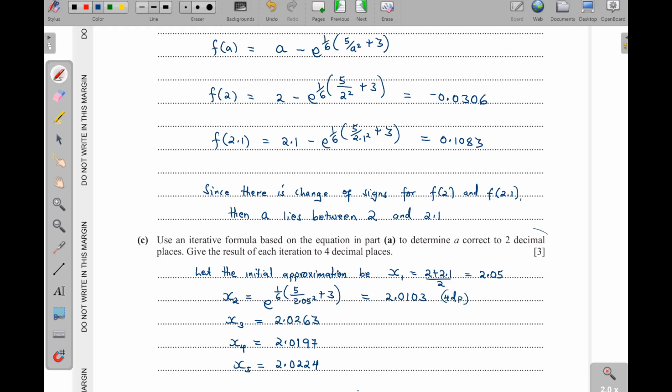Since we are going to get our answer to 2 decimal places, this one will give us 2.03. This one is 2.02, to 2 decimal places.